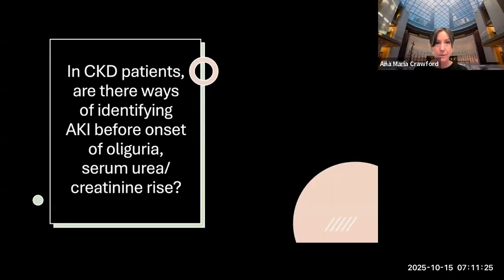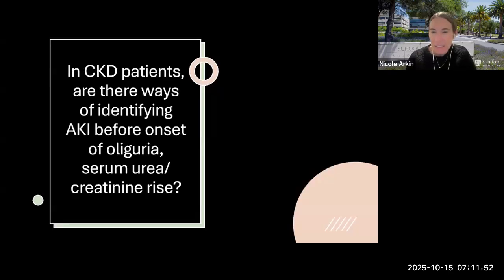I'll give you about 30 seconds to answer that question as well. And then Dr. Arkin and Tet, do you see any good answers coming in through the chat box? Still waiting. Okay.